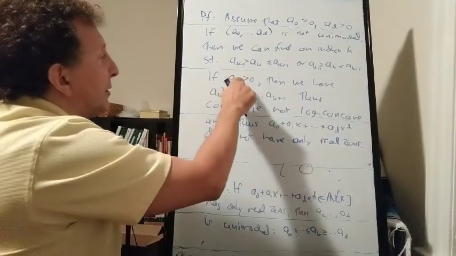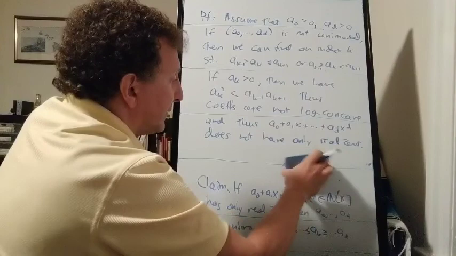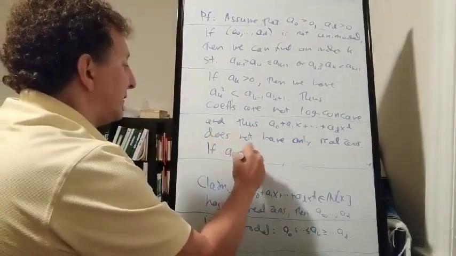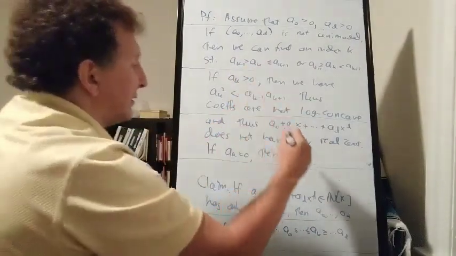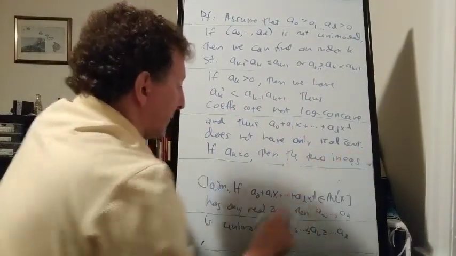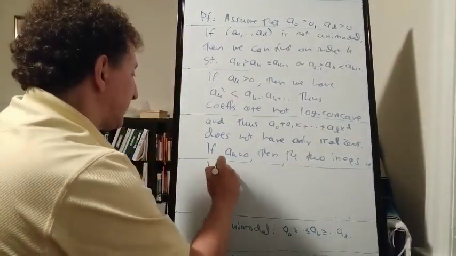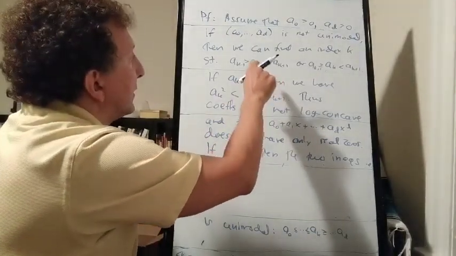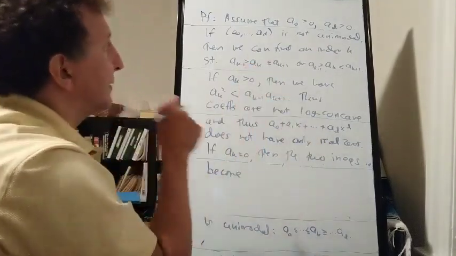Alright, so now what if this coefficient is 0? Now if ak is 0, then these two inequalities become, well, let's see.